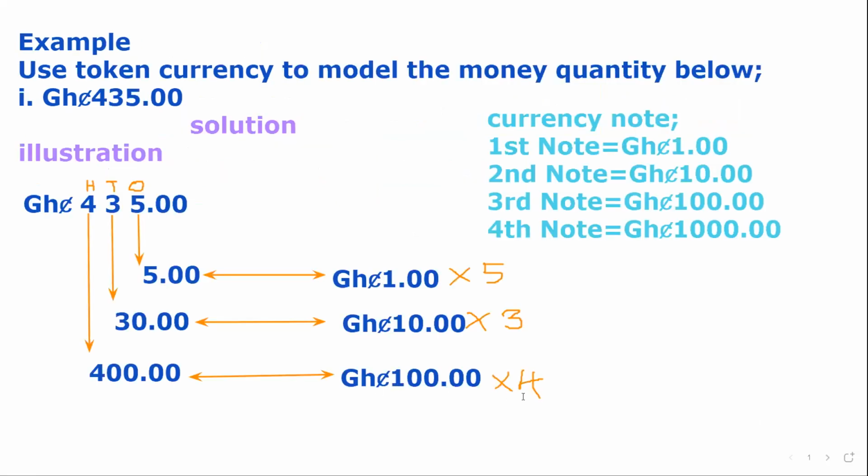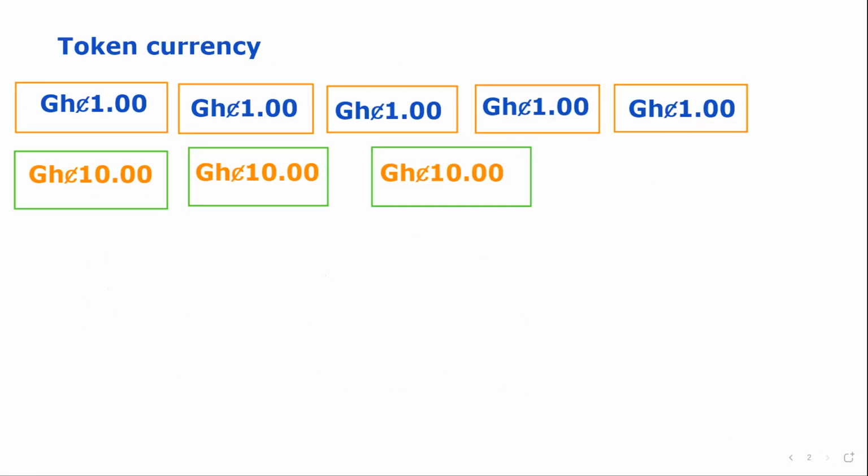The 100 Ghana cedis are 4. So you are going to model the 100 Ghana cedi 4 times. Then you come back, you model the 100 Ghana cedi 4 times. So that one will be 4.